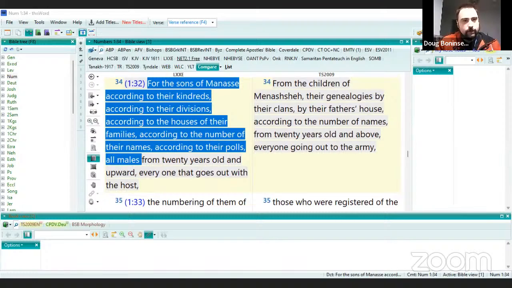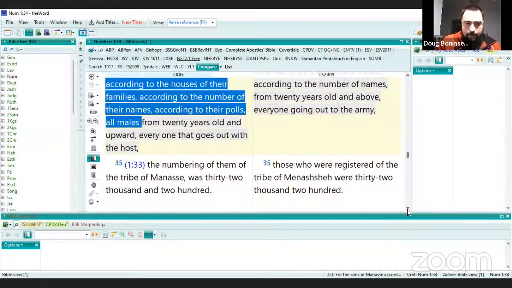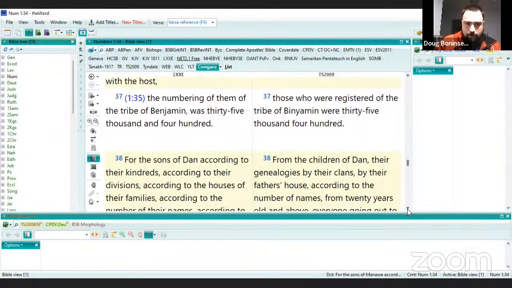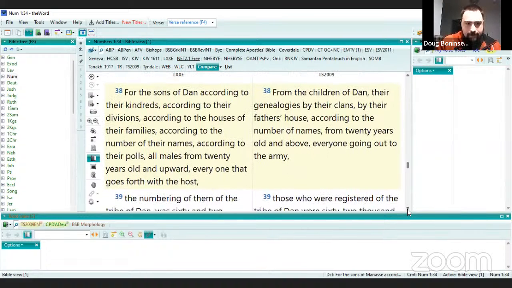But anyway, let me see here. Verse 38 again omits males. Chapter 1, verse 38. All right, so we're going to go to chapter 1, verse 38. So this is talking about the descendants of Dan, of the tribe of Dan.